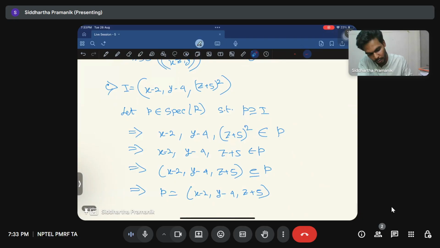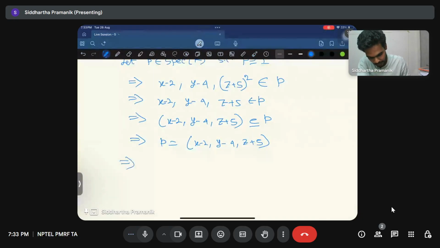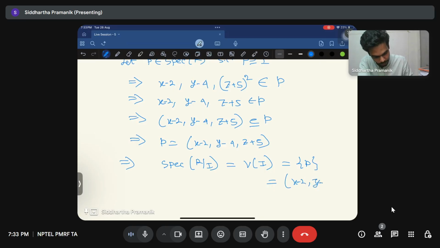So there exists only one prime ideal which contains I. So this implies spec of R mod I, which is the same as the variety of I, is P, the ideal generated by x minus 2, y minus 4, z plus 5. So spec of R mod I is the same as the support of R mod I, and this is a singleton set.